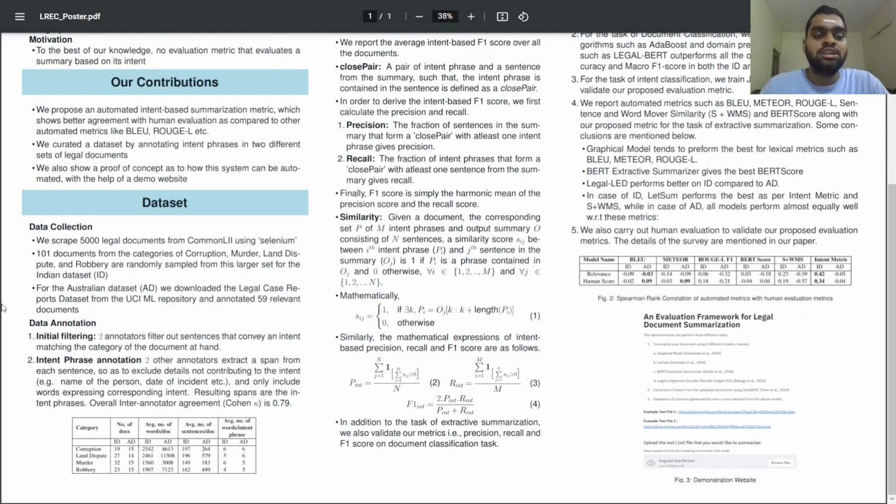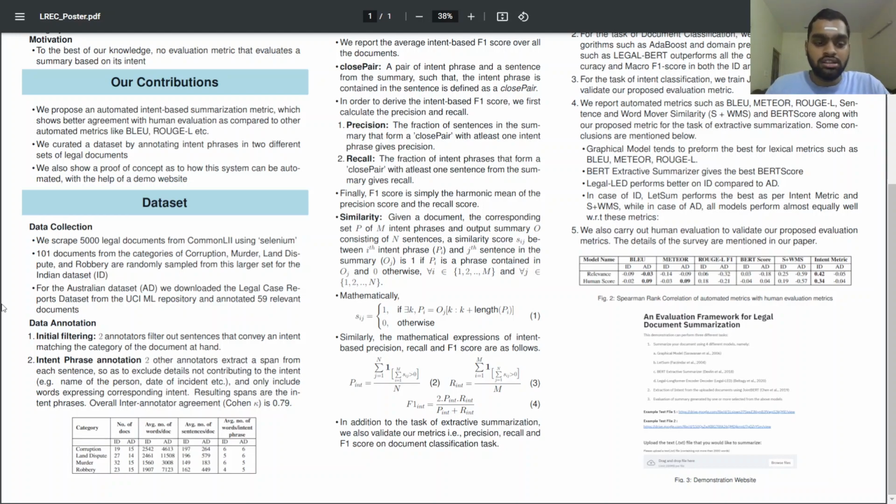Once this is done, the intent phrase annotation was done, where two other annotators extract a span from each sentence so as to exclude irrelevant details like the name of the person, the date of the incident, the place of the incident, etc. And only include those words which exclusively correspond to the intent in hand. So the resulting spans are called the intent phrases.